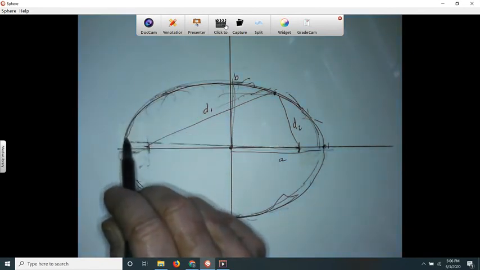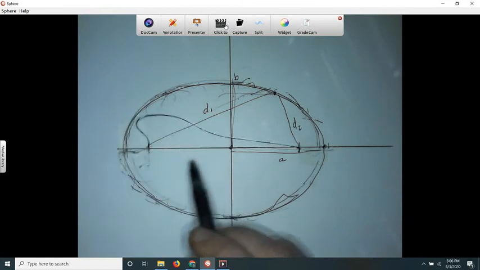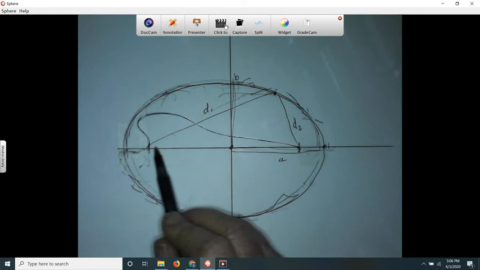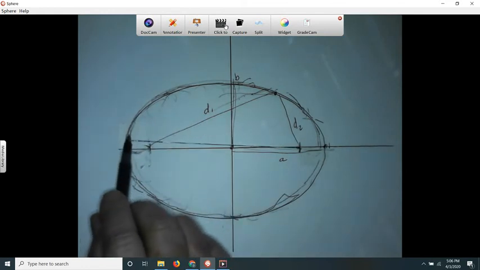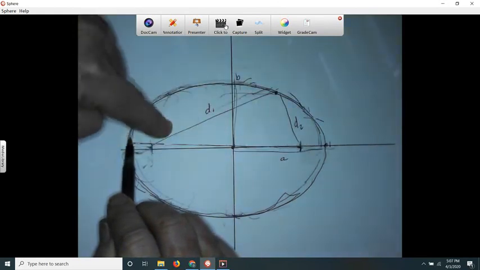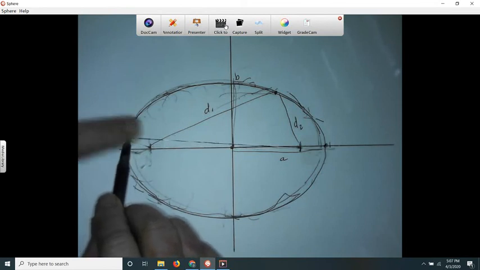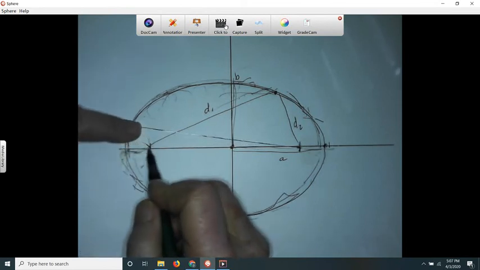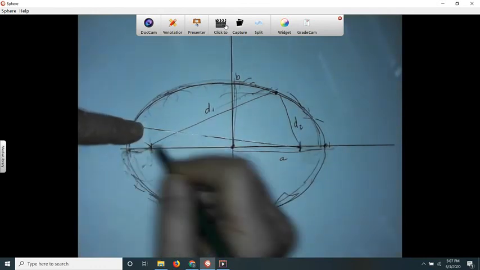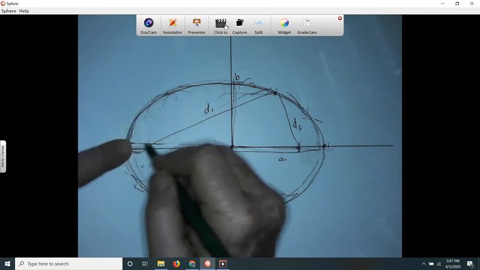And why is that? It's because when I go from here to here, see how my string is spanning from here to here, but then right down here it's doubled up? It's doubled over itself. From here to here, my string is doubled.